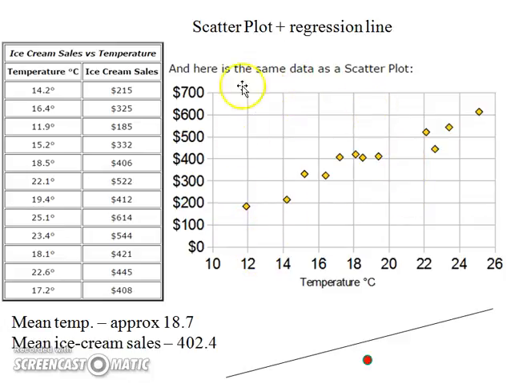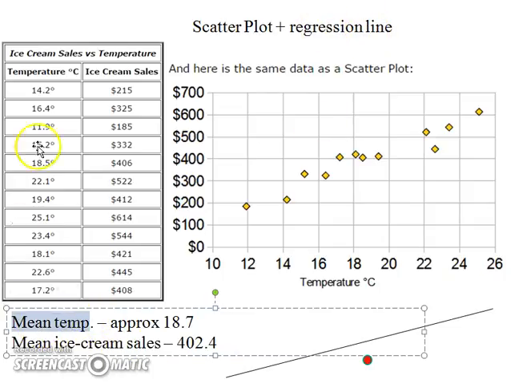However, when we are trying to draw the regression line, the line of best fit, I must have the mean of one variable and the mean of the other variable. I hope you guys know how to calculate the mean. I'm just going to add them all up, divided by 12, and my mean temperature will be approximately 18.7.